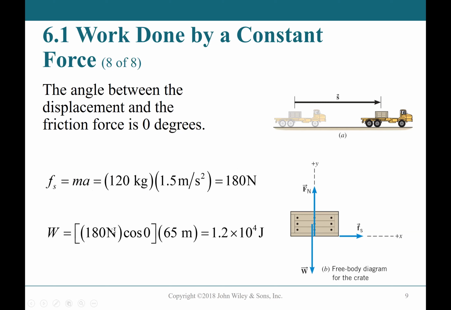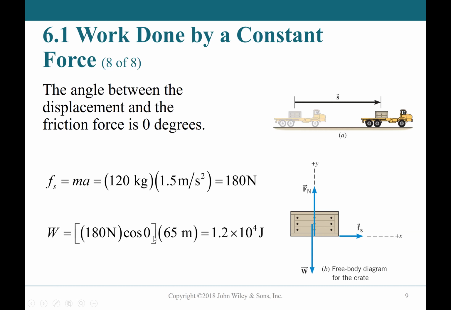What is the angle between this force and this displacement? The angle between them is 0, because the force is acting this way and the object is moving this way.